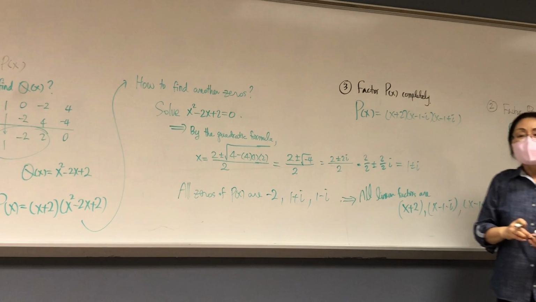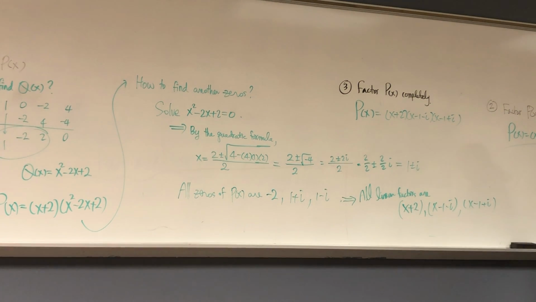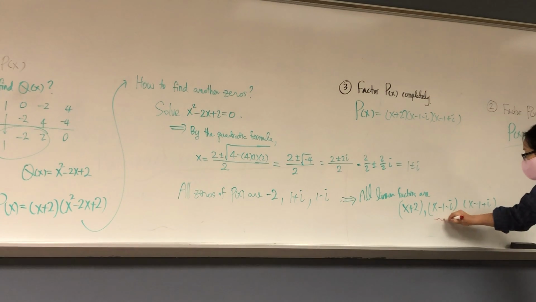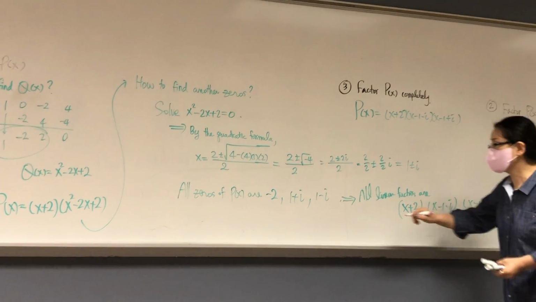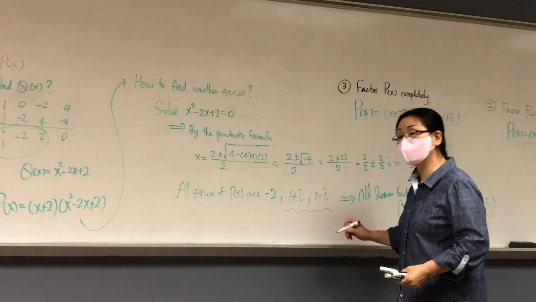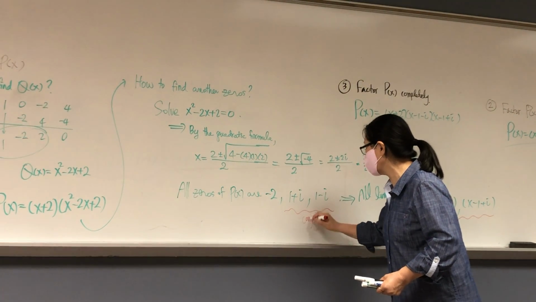And here you see that if your zeros include a complex one, then this one is always together with its partner. These are what? They are conjugates of each other, right?